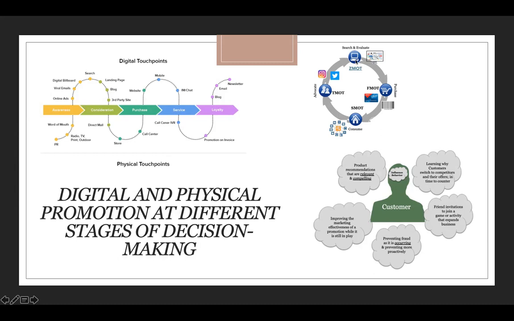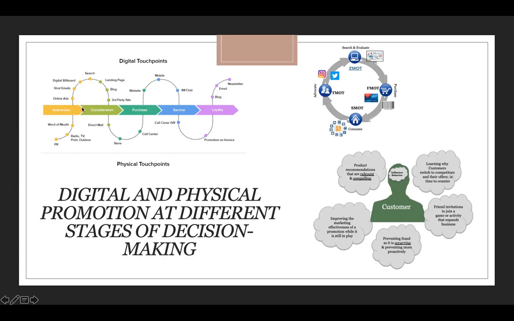It's simply looking at what's happening in that zero moment of truth where you're searching and evaluating, what happens in the first moment of truth in which the purchase occurs, the second moment of truth in which consumption occurs, and then that third moment of truth, which is related to advocacy, which in some sense is meant to drive a virtuous circle.